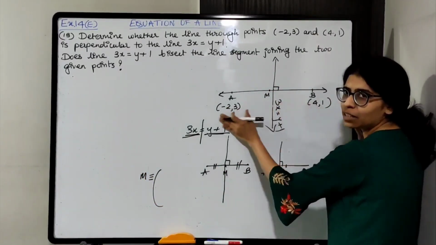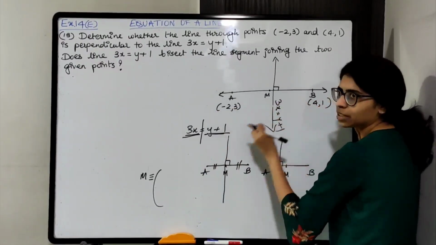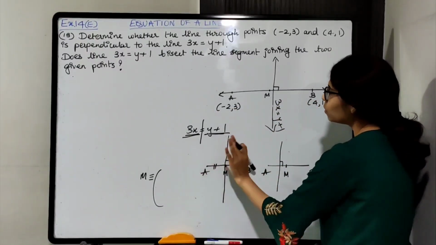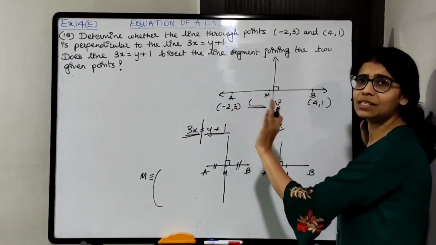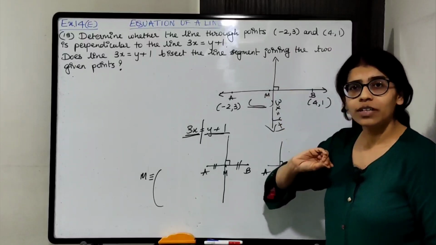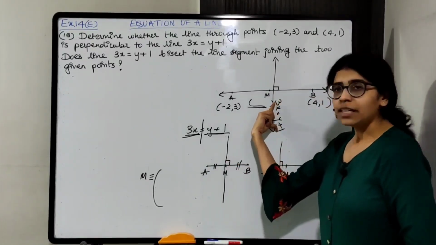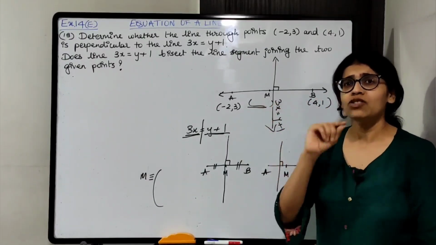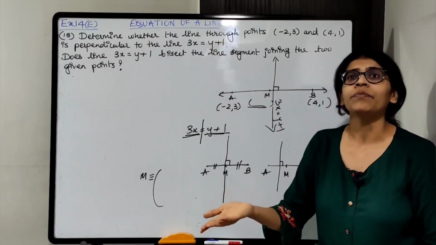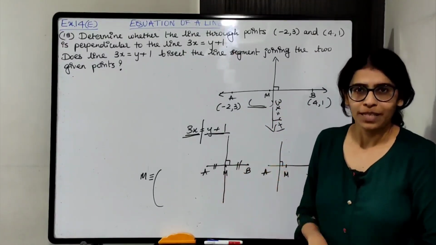A and B का coordinates पता है. Add x coordinates divide by 2, add y coordinates divide by 2. So M का coordinates मुझे easily मिल जाएगा. Once you get the coordinates x and y का जो भी value मिलेगा, put it in the equation. LHS separately solve करो, RHS separately solve करो. LHS RHS अगर equal मिल रहा है then yes it is a bisector, and if it is not equal then it is not a bisector.